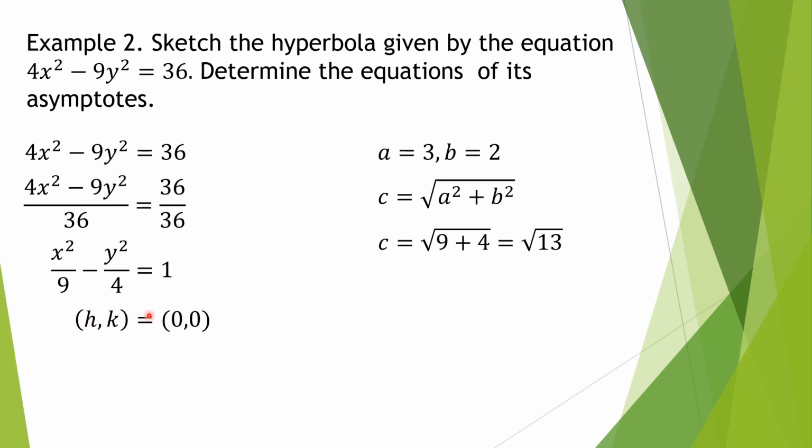We can now easily determine that our h, k is 0, 0. Solving for a, since 9 is 3 squared, a is 3 and b is 2. Solving for c, c equals the square root of a squared plus b squared, so c is the square root of 13.